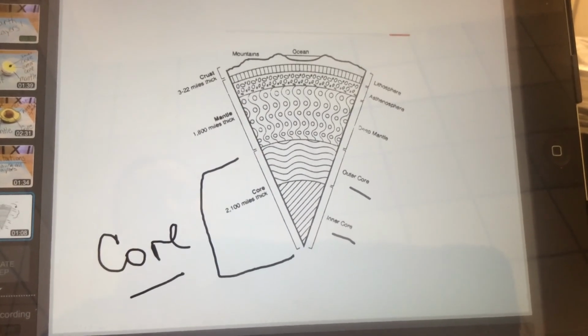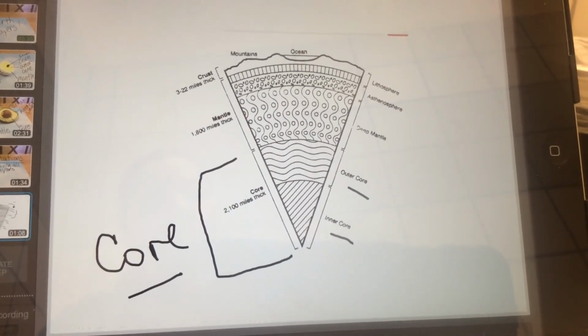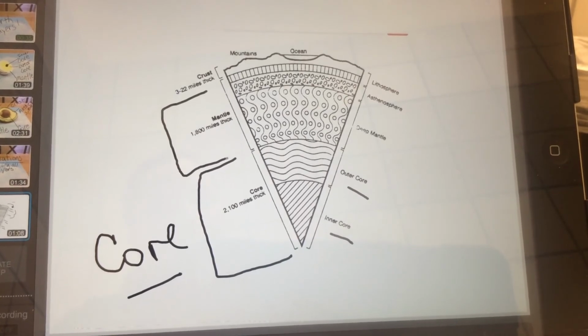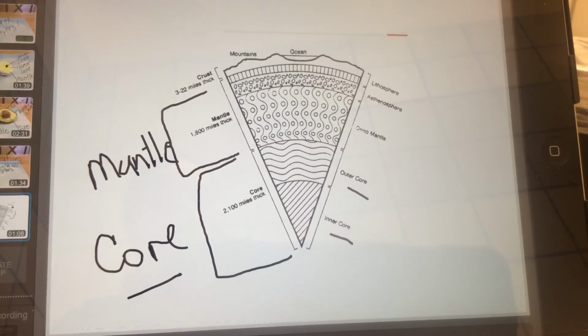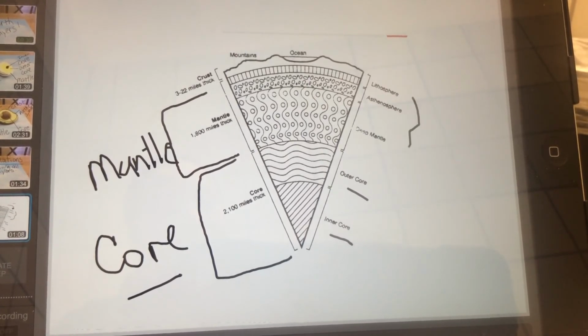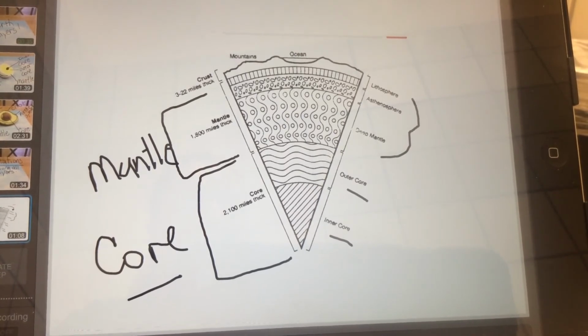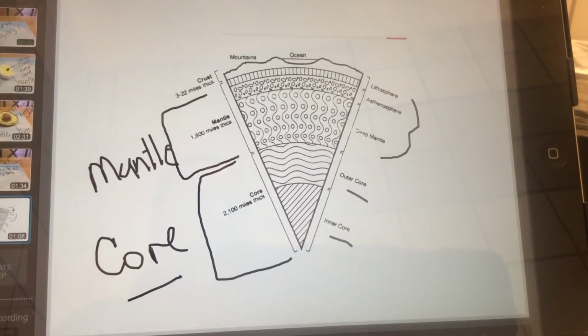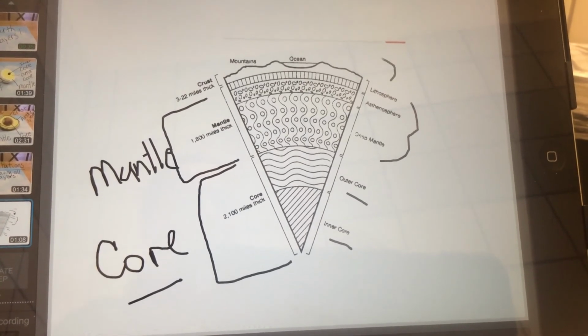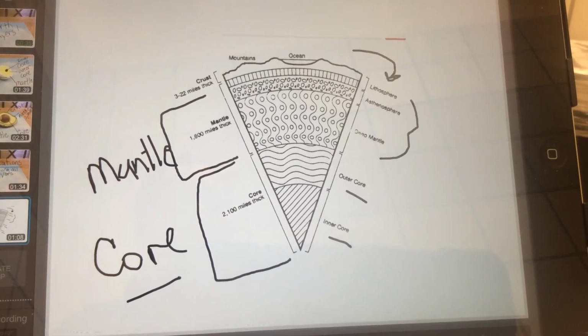And then it shows you it's broken down into 2 parts. Also over here with the mantle, you have the mantle, but it also has the lithosphere, the asthenosphere, and the deep mantle. Also, the crust. The crust is at the very top, but it also contains a little bit of the lithosphere.